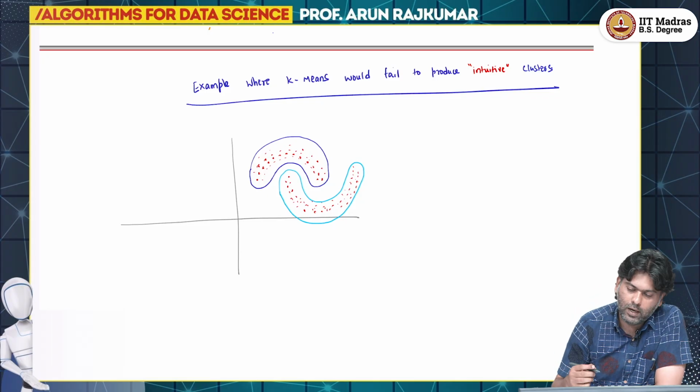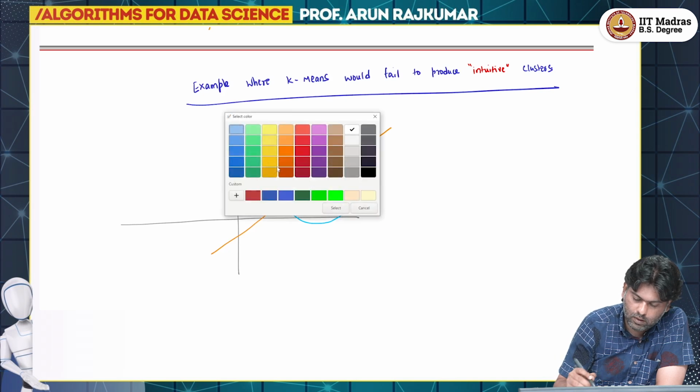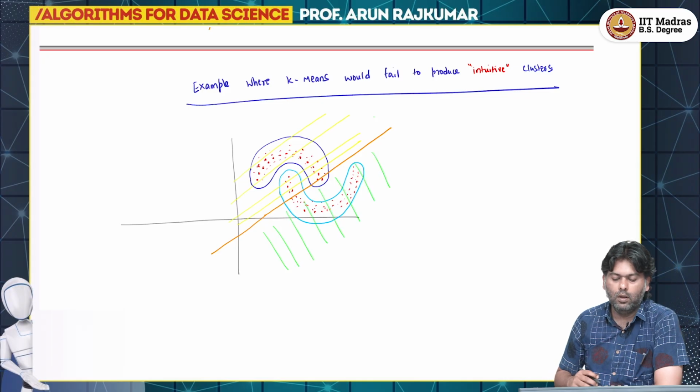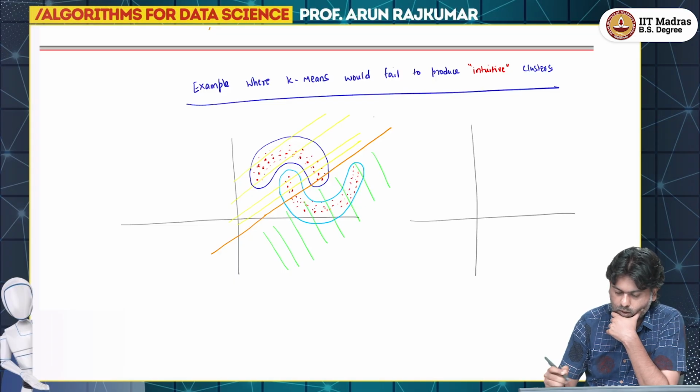So if I actually ran K-means on this, I might get perhaps something like this, right? So when I draw this line, what I exactly mean is these points belong to one cluster, these points belong to another cluster, right? If you want to look at just the clusters themselves in different colors, it's going to look something like this.